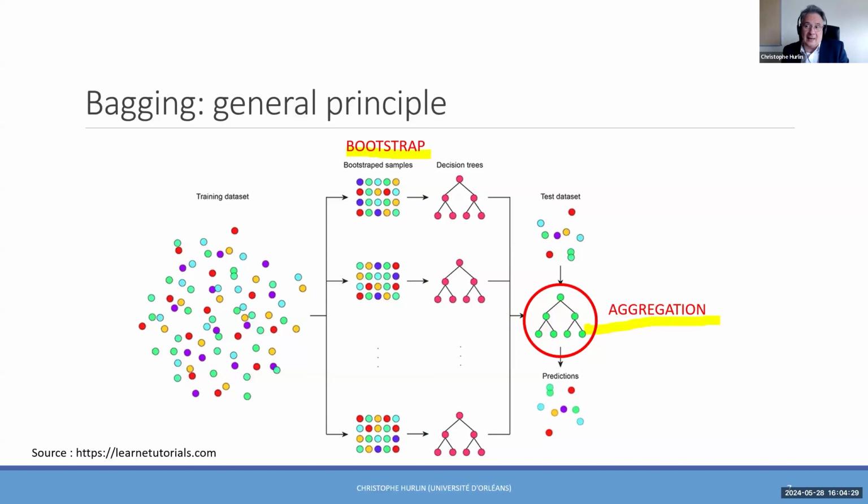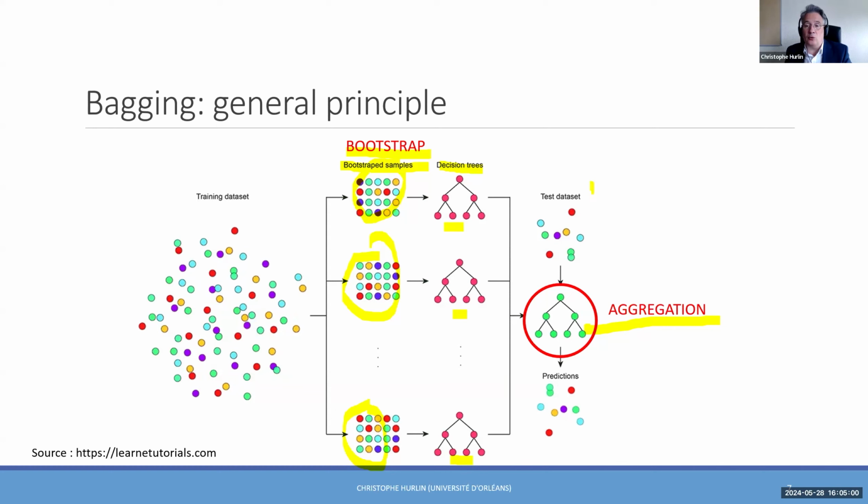The idea is to draw random samples with replacement, called bootstrap samples, then to train a model. In general it is a decision tree, but I can bag any type of model. And I train a decision tree on each bootstrap sample.